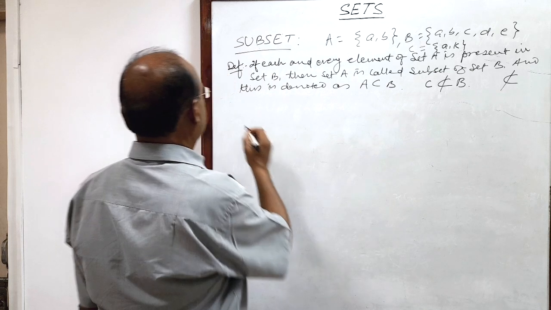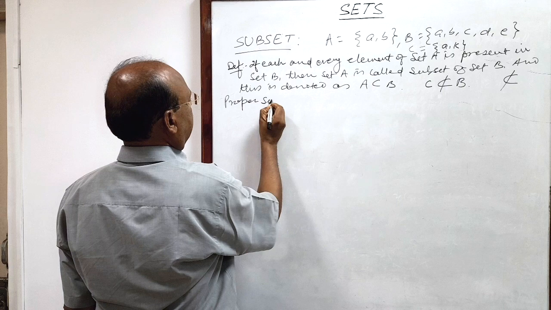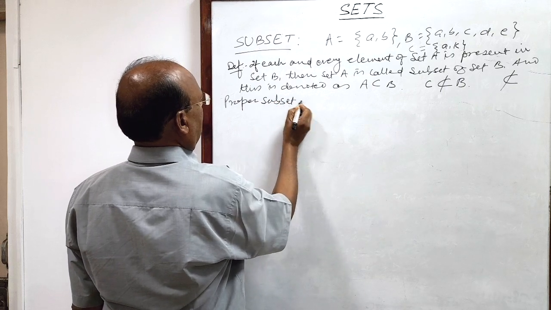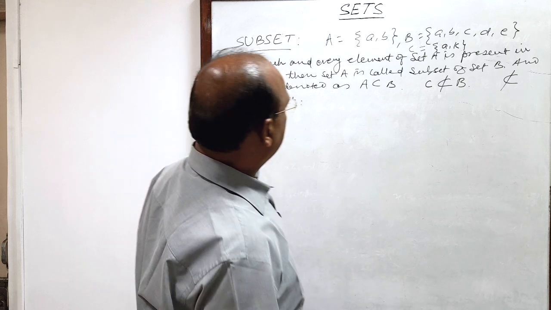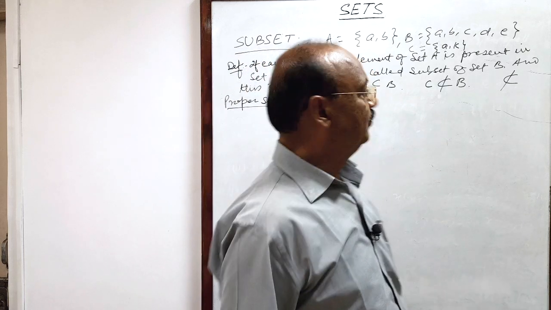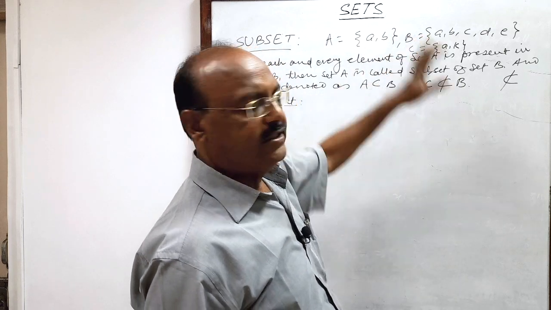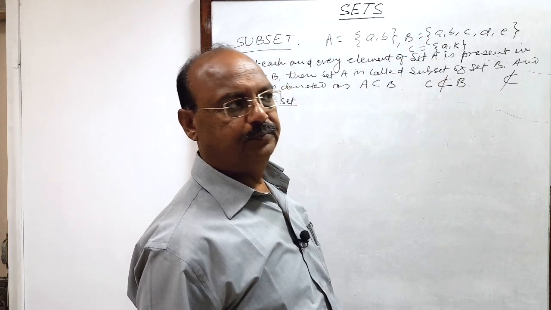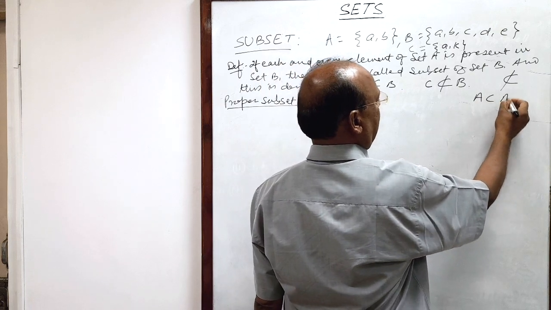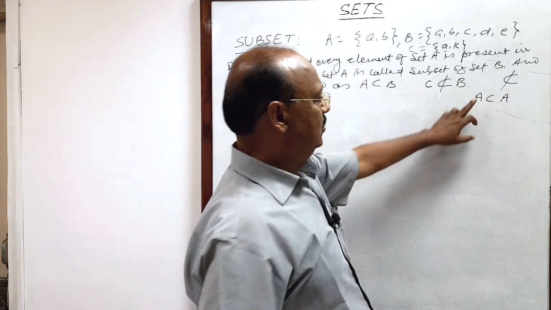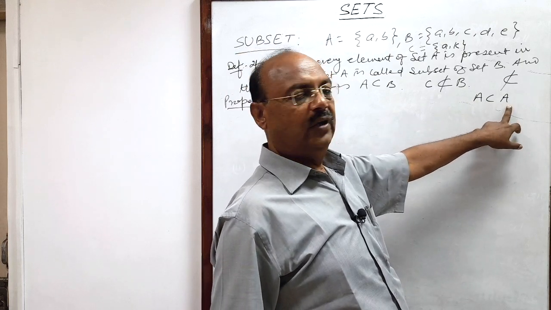Now we will discuss what is a proper subset. Here I would like to make it clear that every set is a subset of itself. You can write that A is a subset of A, because both the sets are equal.